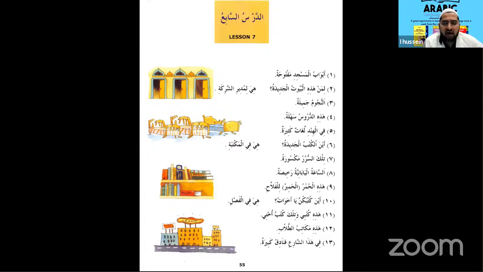And when a mudaf ilayh comes as a subject, you always need to look at the mudaf itself. So if the mudaf is ghairi aqil, for example, Abwabul Masjidi, which is mudaf, mudaf ilayh. Abwab itself is ghairi aqil and it's mudaf.